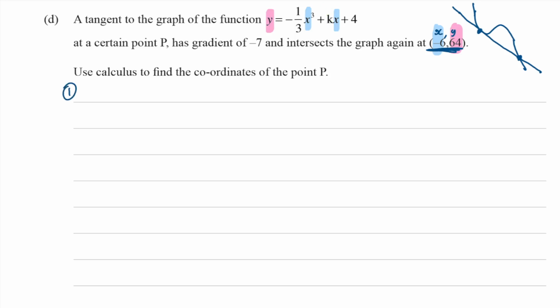So step 1, find k. So again, we know a point on the graph, so we can substitute in the values and solve for k. So in for y goes 64, equals -1/3, in for x goes -6 cubed plus k times x, which is -6, plus 4.